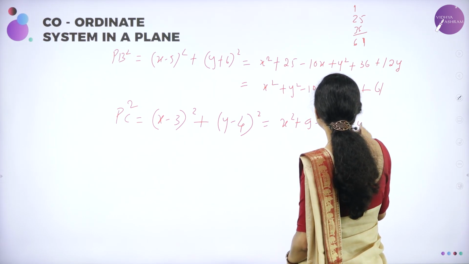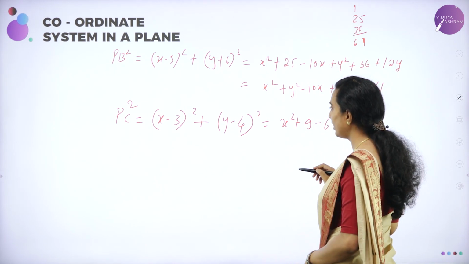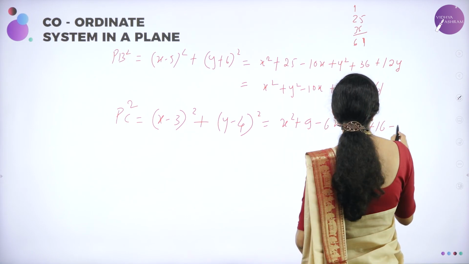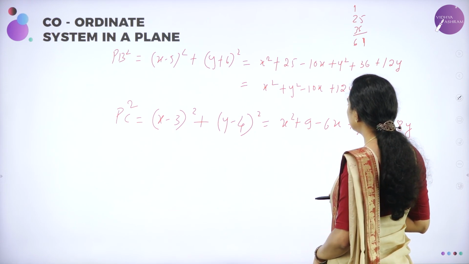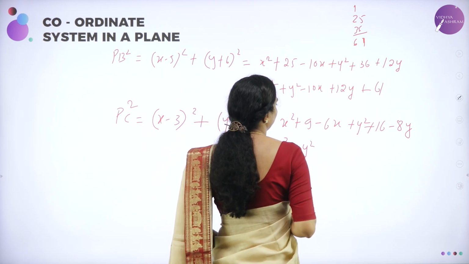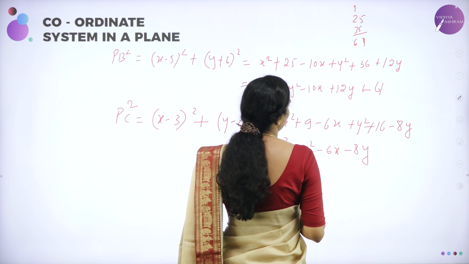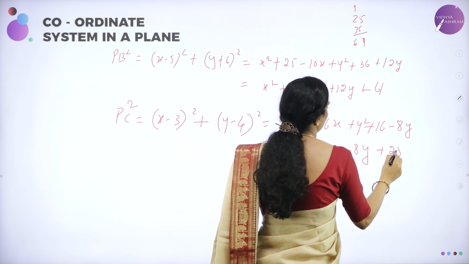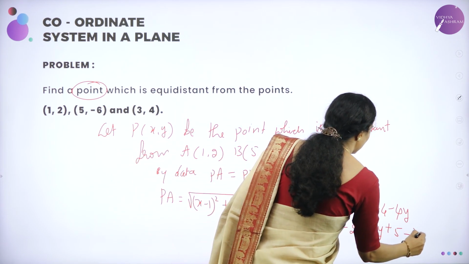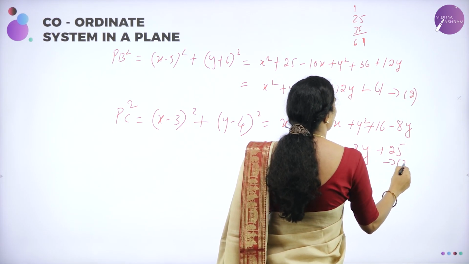Again plus y squared plus 4 squared is 16 minus 2 into 4 into y, which is 8y. So the answer is x squared plus y squared minus 6x minus 8y plus 25. I am going to call the equations like this: this is equation 1, this is equation 2, equation 3.